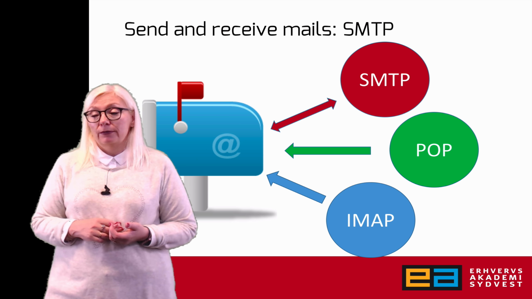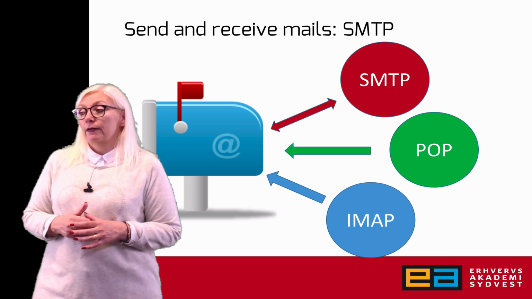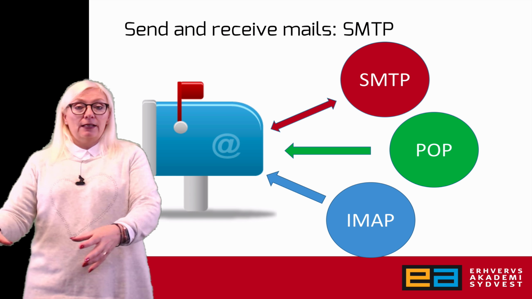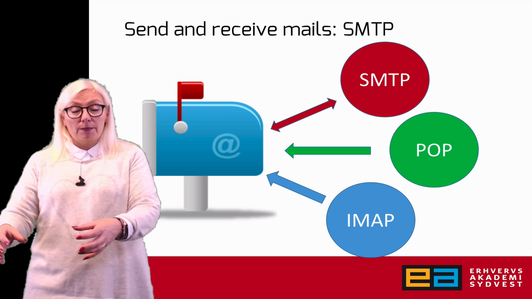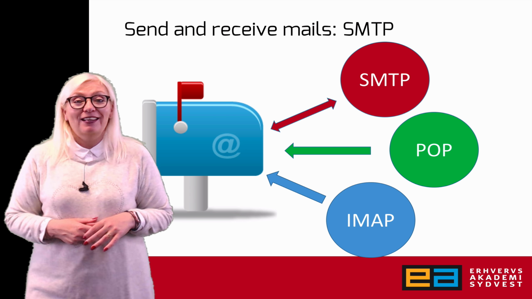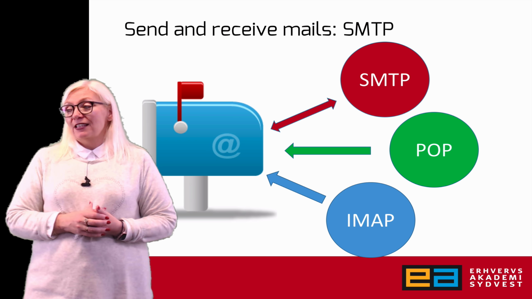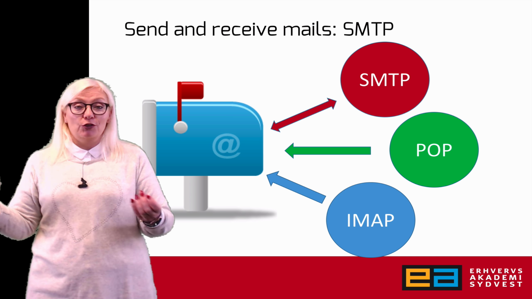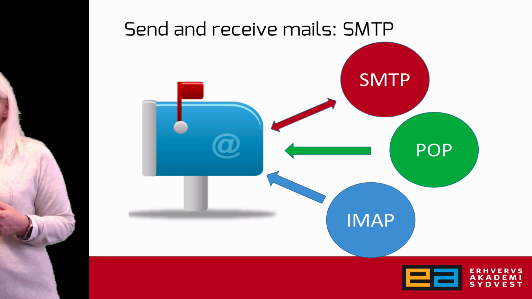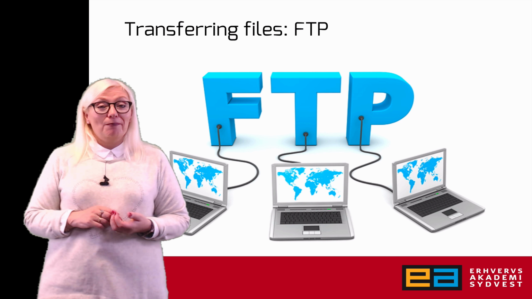It's called POP or POP3 or the IMAP protocol. These will take care of getting the information from the mail server up to your mail client. And then the SMTP protocol will send the information between different mail servers. So these are the ones that are taking care of your mails.